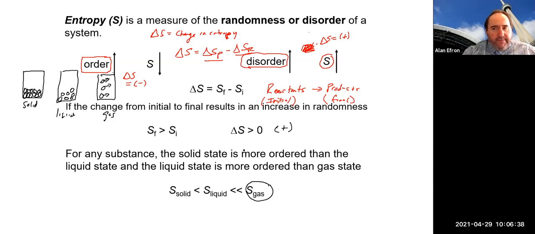Another important thing to keep in mind, and we'll mention this a couple of times along the way, is the units of these thermodynamic values. Delta H, if you remember, which is our enthalpy, usually has units of kilojoules. Delta S, which is our entropy, usually has units of joules.